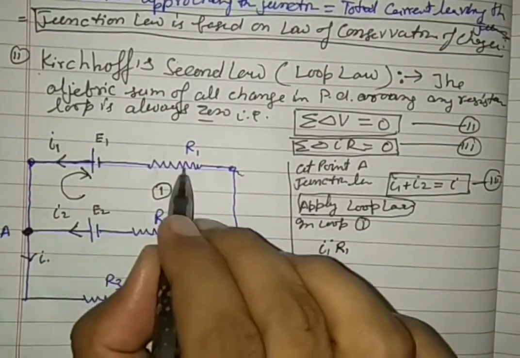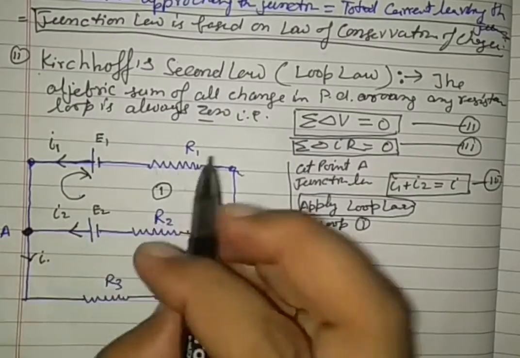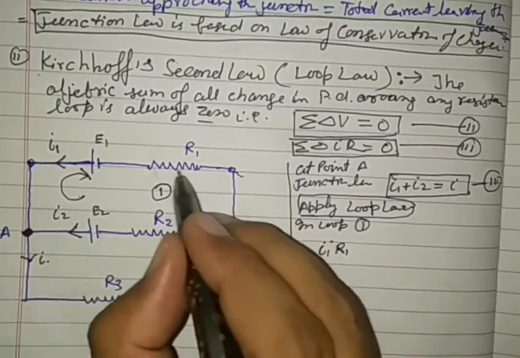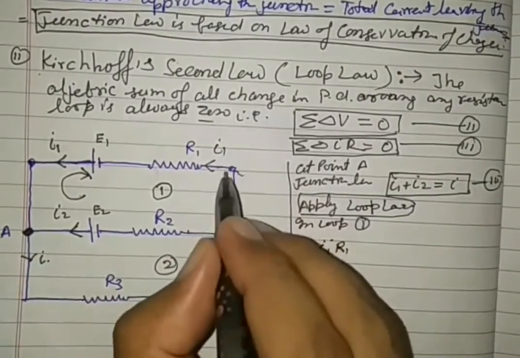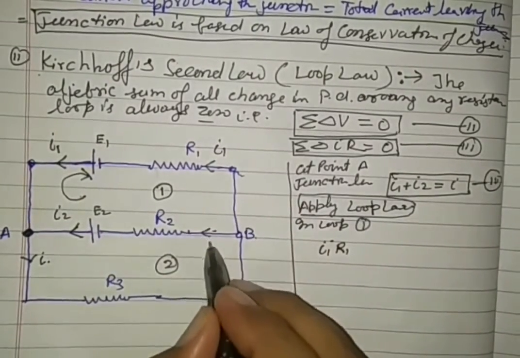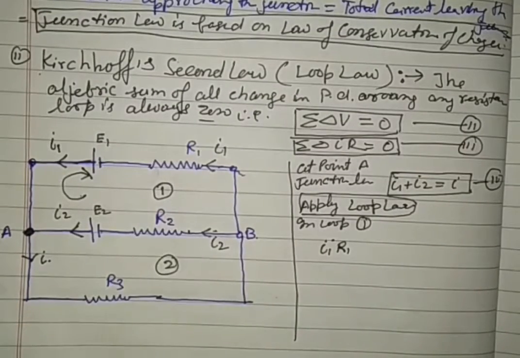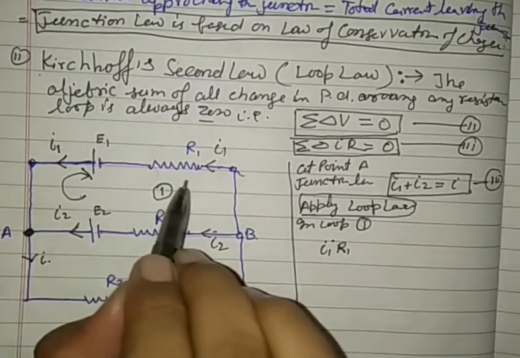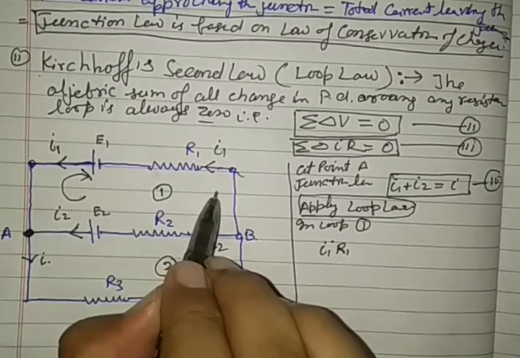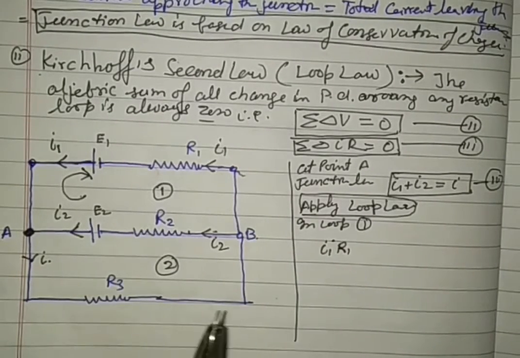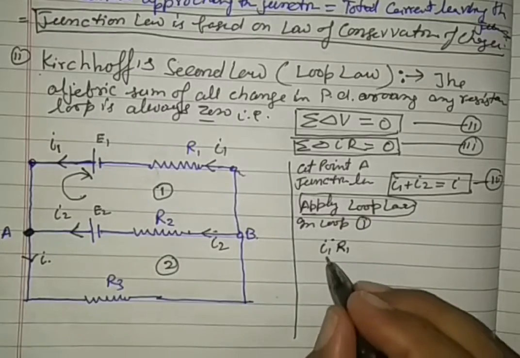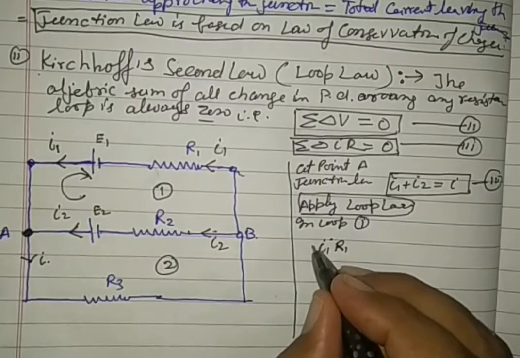The sign convention is opposite to the current in the resistance. Here current I1 is here, and I2 we can make here also for simplification. So the sign convention is moving this side and the current is moving this side. If it is against the sign convention, then we take its sign as positive.